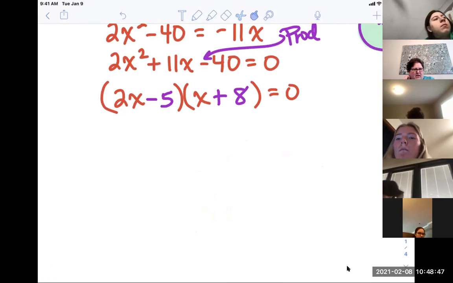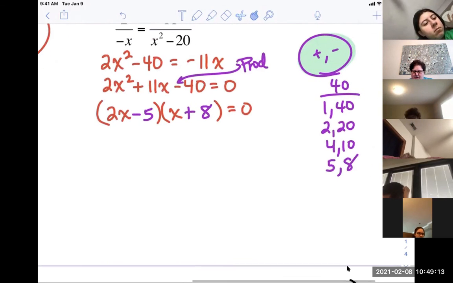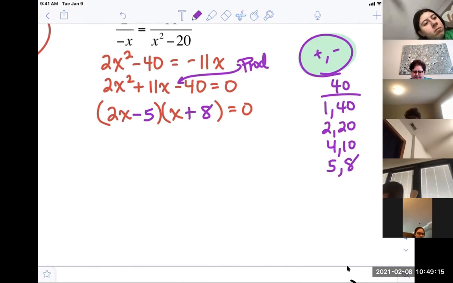At Cathedral, we feel like those algorithms tend to work when you're doing factoring, and then a month later when you're not in the middle of a factoring unit, you forget how the algorithm works and you can't do factoring anymore. So we really want you to try doing a guess and check kind of method. If you already know another method you can do consistently correctly, you can use another method like a factor by grouping type of thing. But I'm going to encourage you to do guess and check.